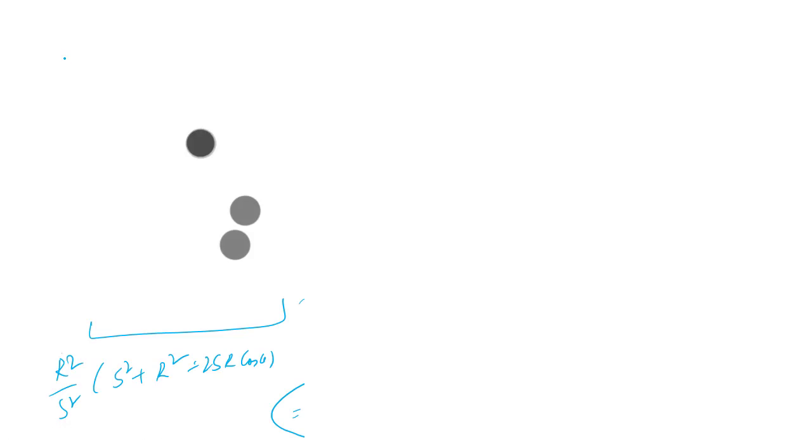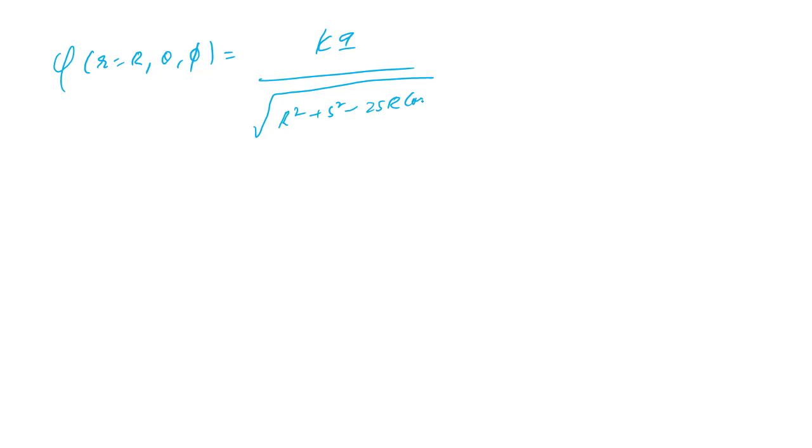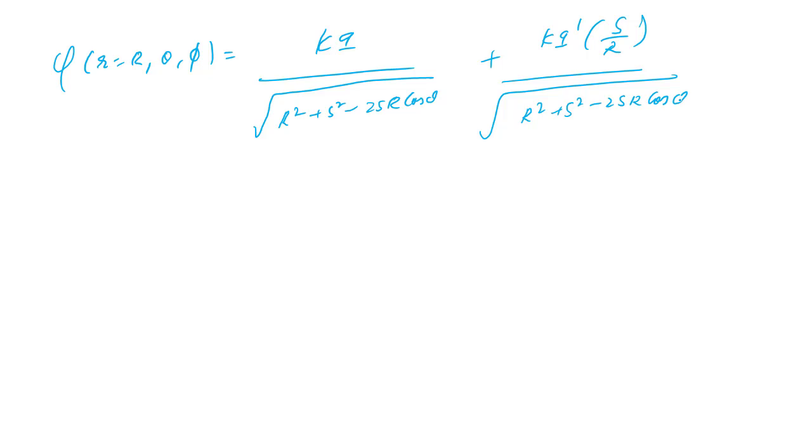So we got phi at r equal to R, theta, phi, to be now KQ by square root of R squared plus S squared minus 2SR cosine theta plus KQ prime times S by R divided by the same denominator now, because that's what we did on the last slide.